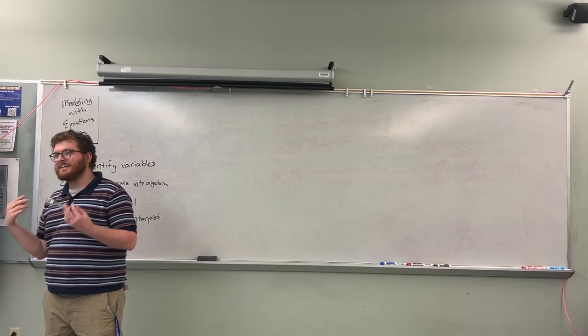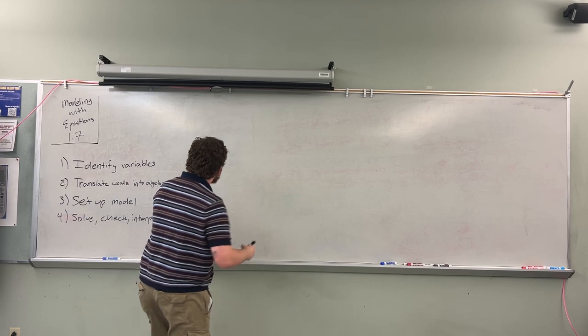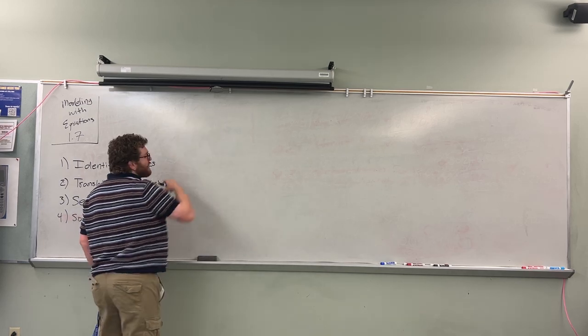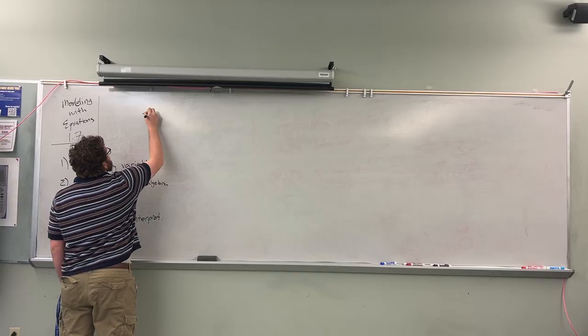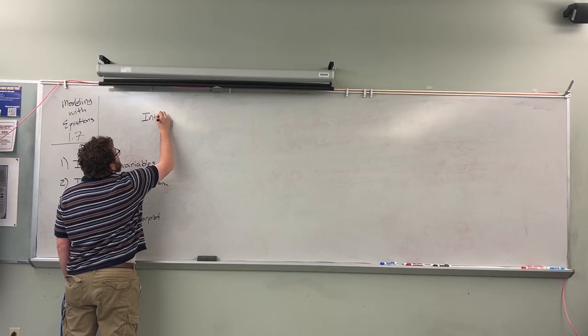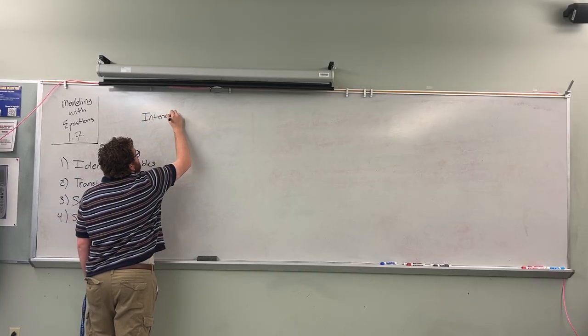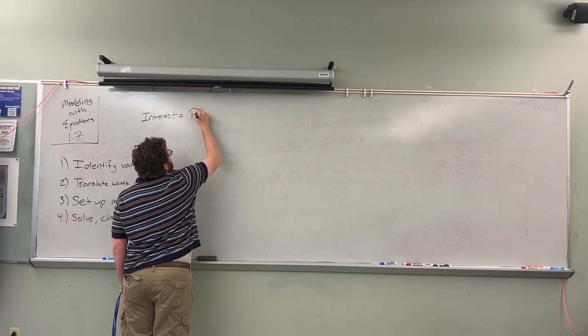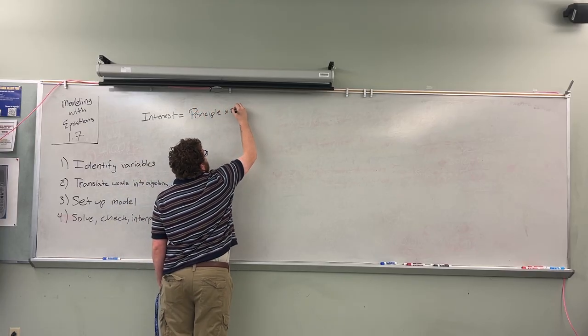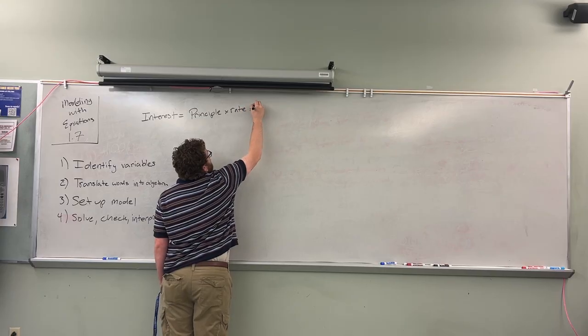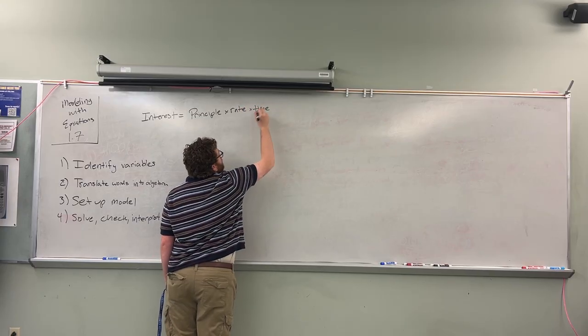Next, I want to talk about interest. There's one specific formula that we need for interest that you will just be given. Interest equals the principal amount times the rate of interest times the time that interest was compounding.